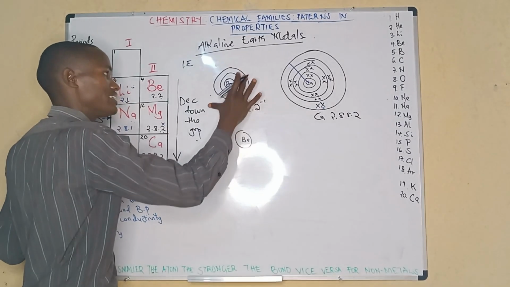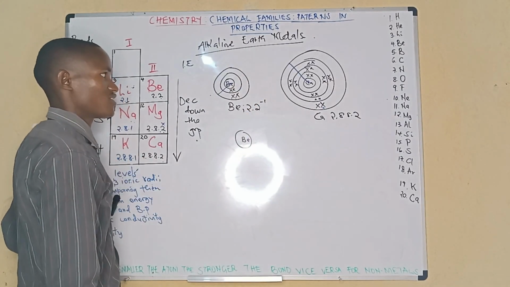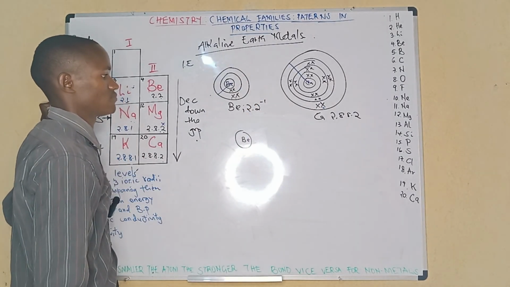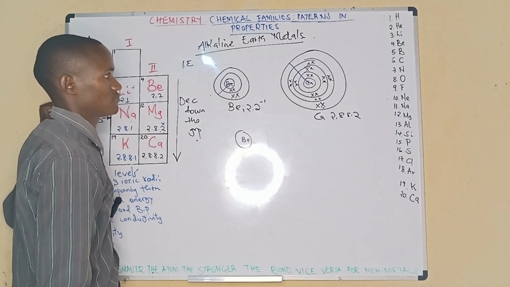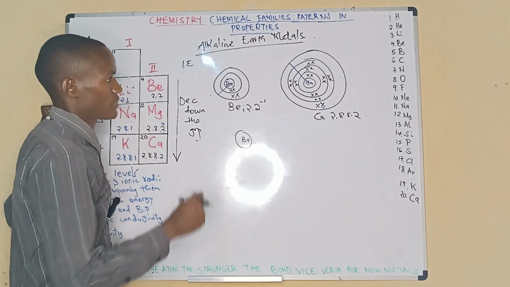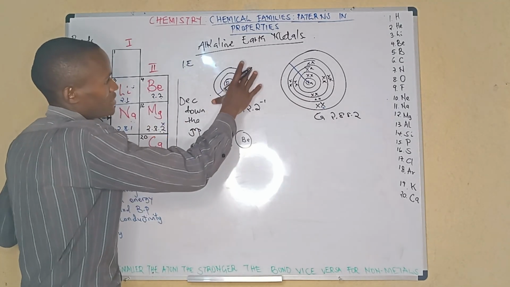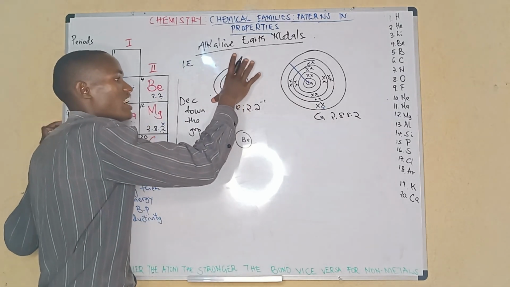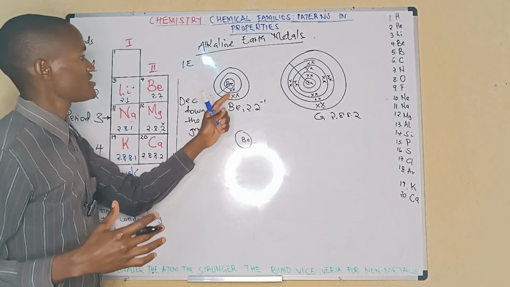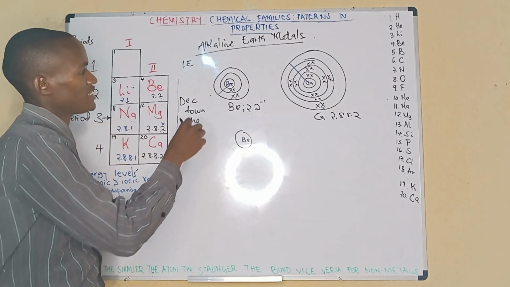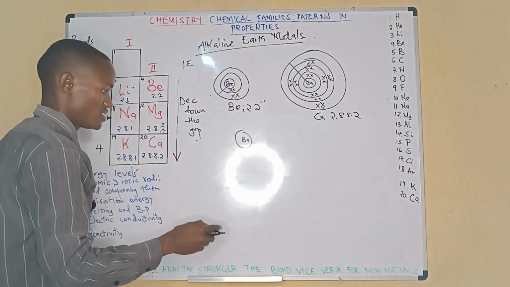Therefore, for beryllium, since the nuclear charge is high, it forms a strong metallic bond.